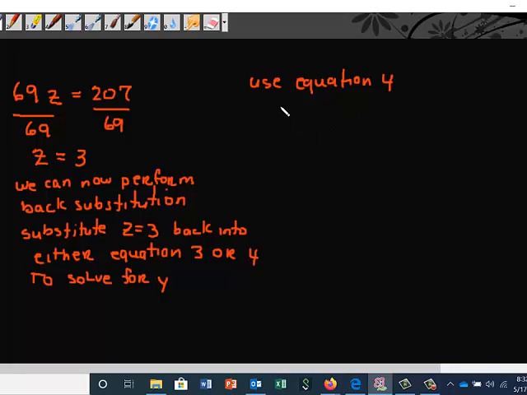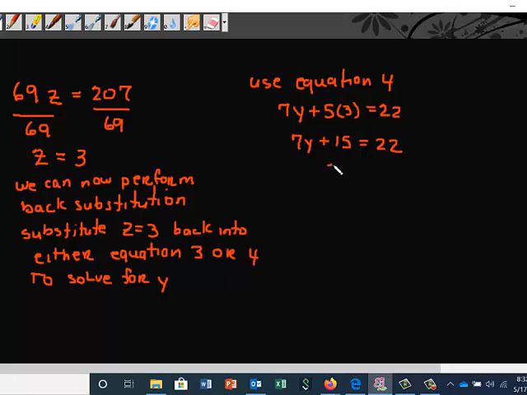So now we have 7y plus 5 times 3 is equal to 22. Then we have 7y plus 15 is equal to 22.